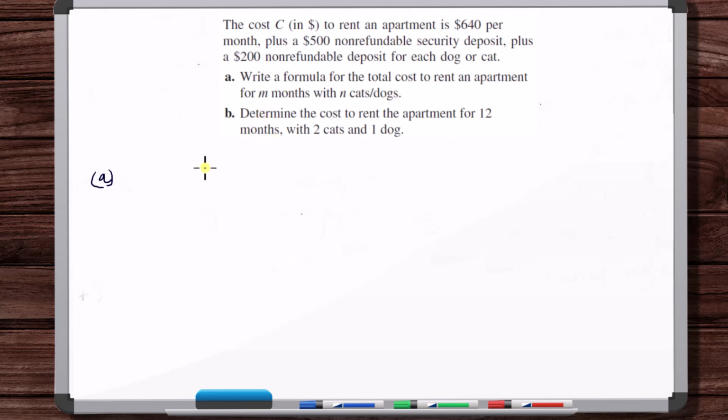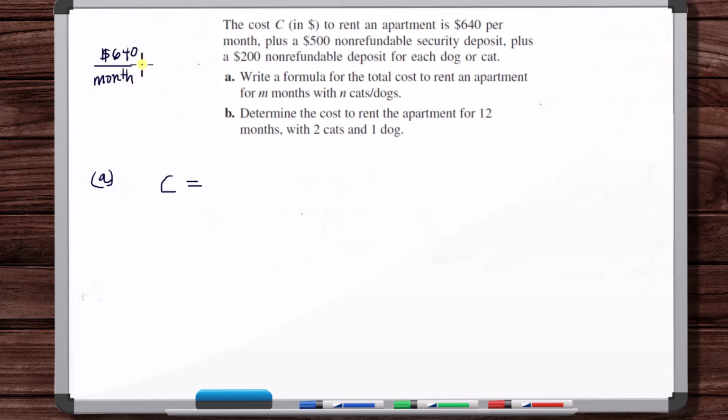Okay. The total cost to rent an apartment is C. So C is equal to what? Okay, so $640 per month. So you want to think about it this way. $640 per month.